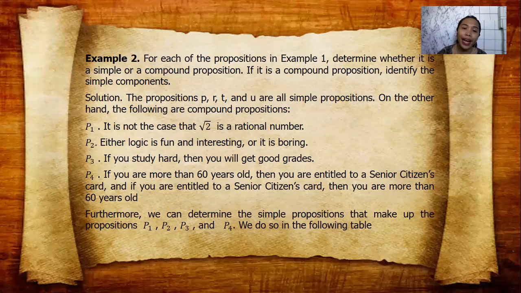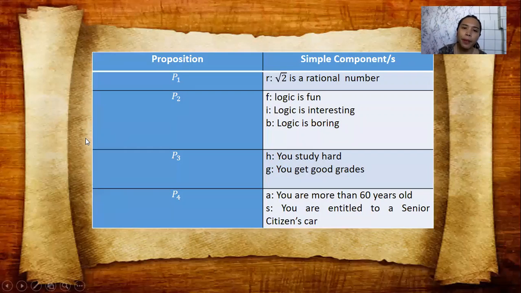Now, let us find the simple components or the simple propositions of those compound propositions. In P sub 1, your simple proposition there is: the square root of 2 is a rational number.